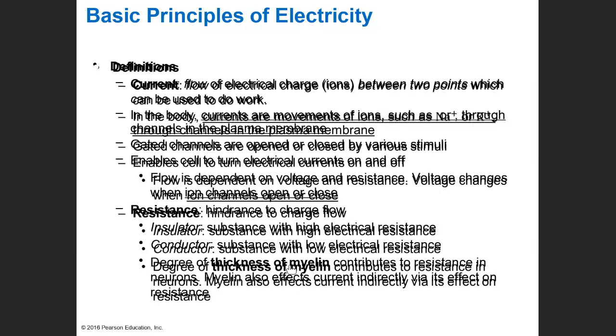Understand that myelin provides resistance because it is an insulator. Now what is the opposite of an insulator? A conductor. A conductor is something that has a low resistance, something that would not hinder the charge flow. Again, the degree of thickness of myelin is going to contribute to the resistance of neurons.